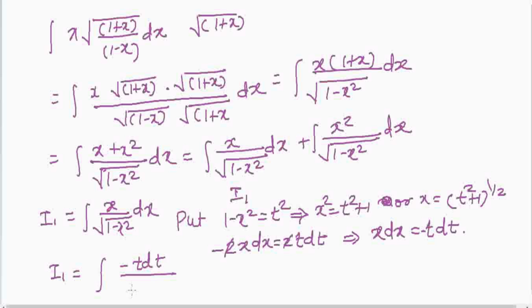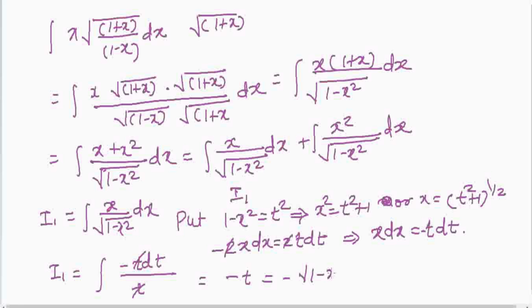1 minus x square equal to t square, so we have only t get cancel, and we have minus dt, and integration of that is minus t, and equal to minus, what is t?